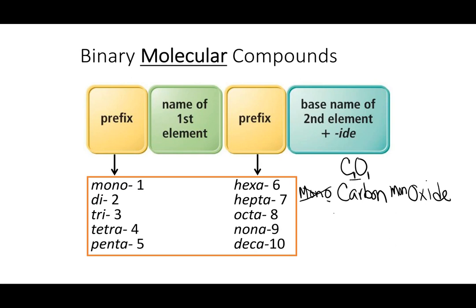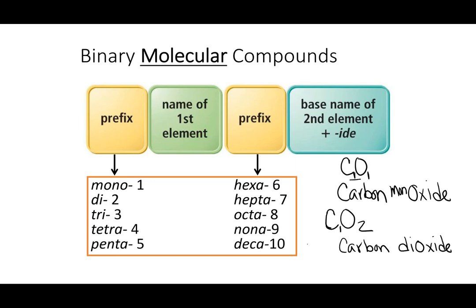So here's another example. See if you can do this one. So again, we've got carbon, we've got oxide. How many oxygens do we have? 2. And there's only 1 carbon here.